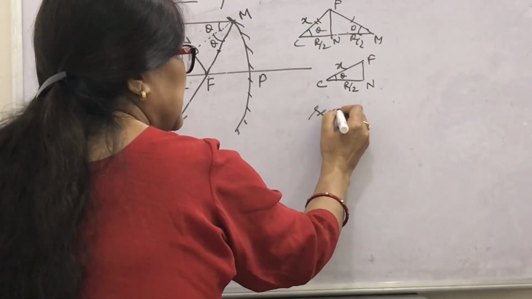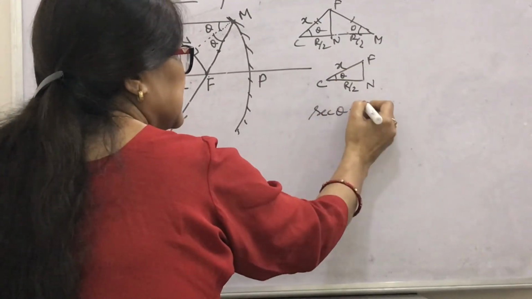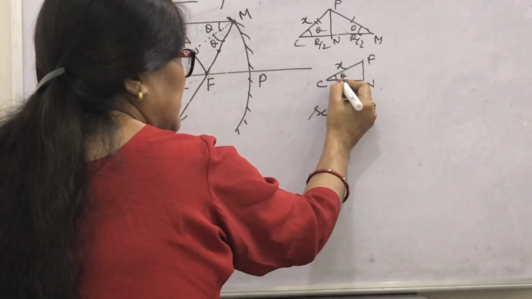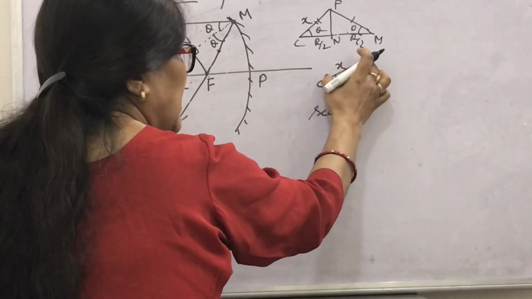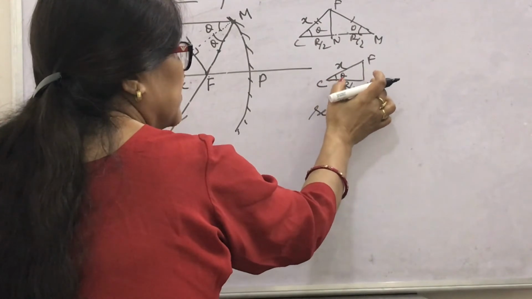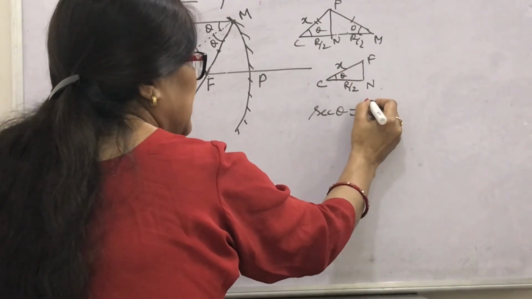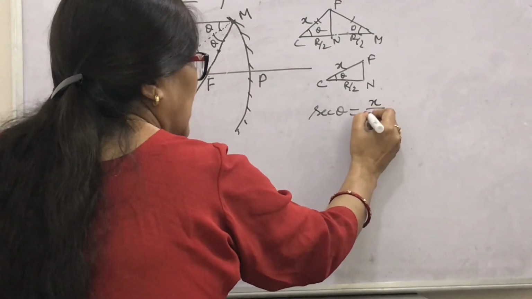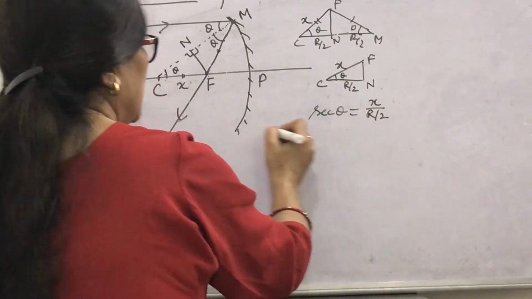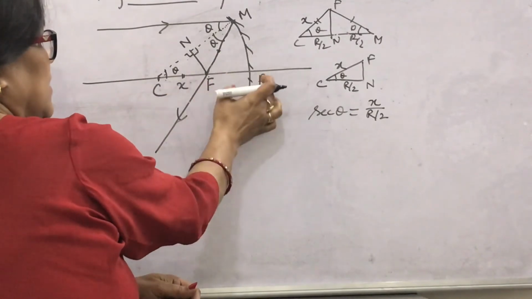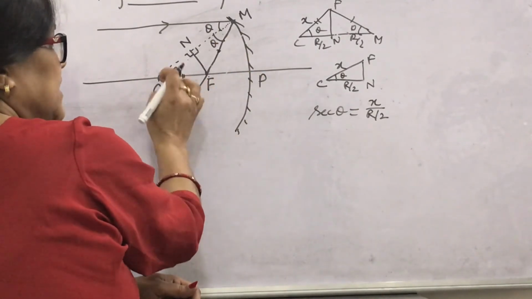What will be sec theta here? Sec theta will be X upon R by 2. Look here, from this relation, this will be X upon R by 2. Look here, these two sides are the same.